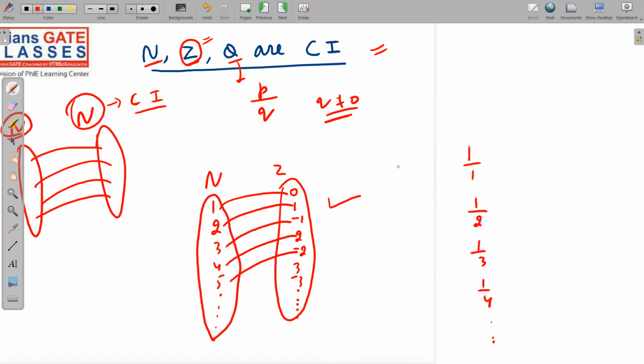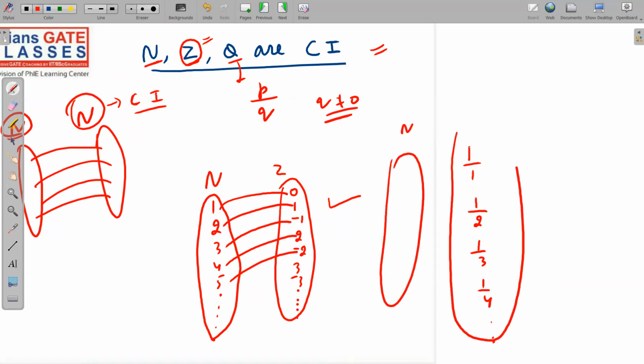You will say, sir, establish a one-to-one correspondence like this. This is your natural number set, and this is your set of rational numbers. So 1 will be mapped with 1 by 1, 2 with 1 by 2, 3 with 1 by 3, 4 with 1 by 4, and so on.